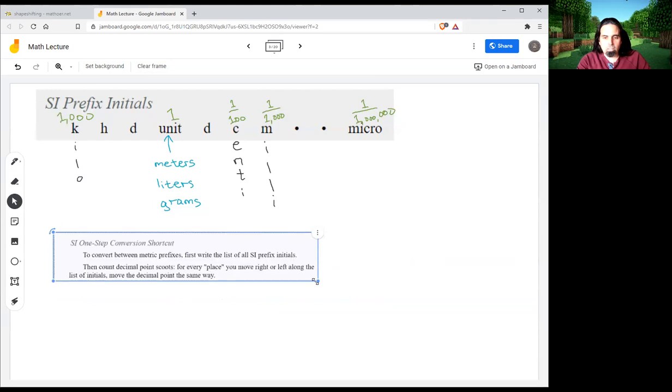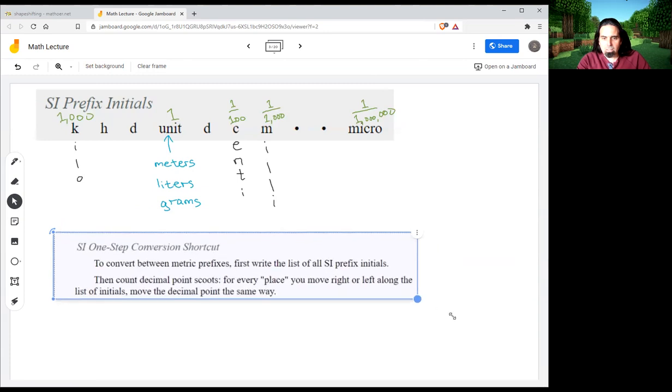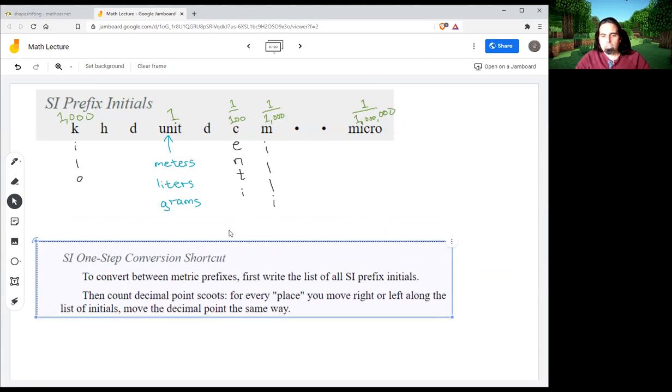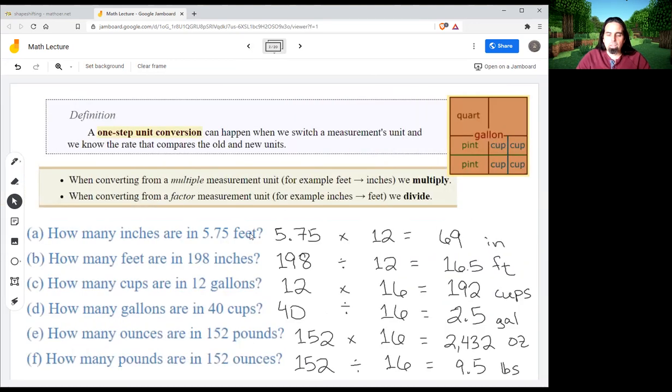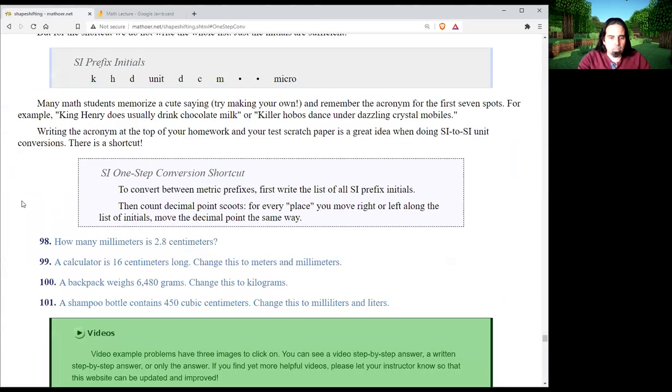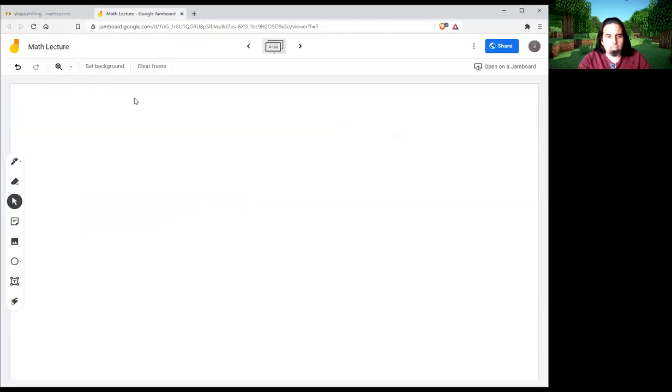So the shortcut says, to convert between the metric prefixes, first write that list we just did, and then count the decimal point scoots. For every place you go left or right, move the decimal the same way. I'm going to do a problem first the long way, and then with the shortcut, and you can compare them. How many millimeters is 2.8 centimeters?